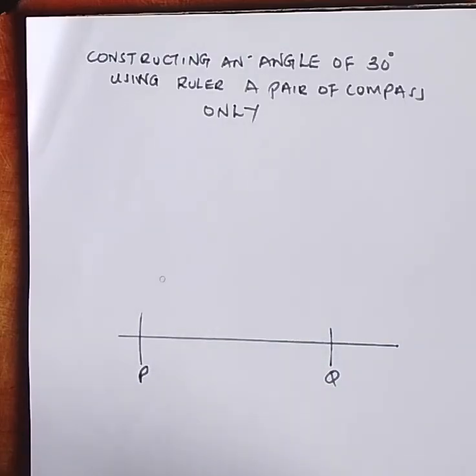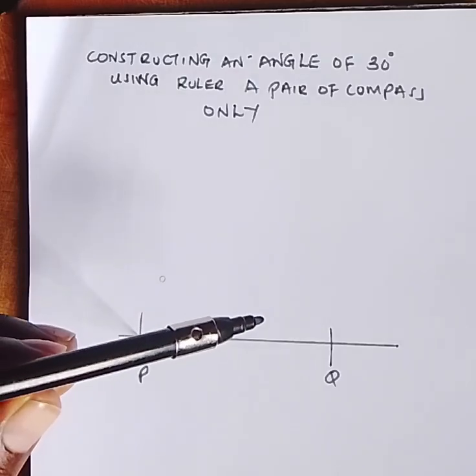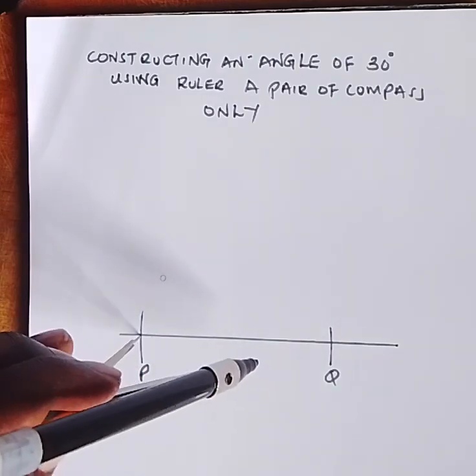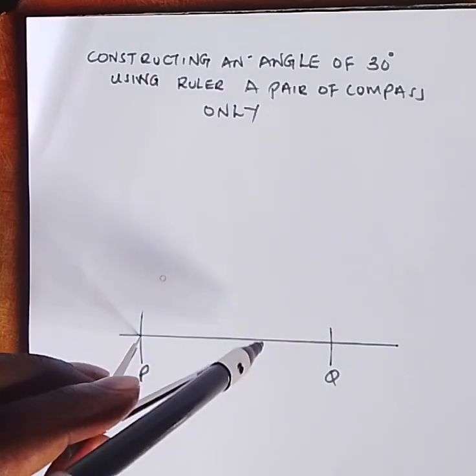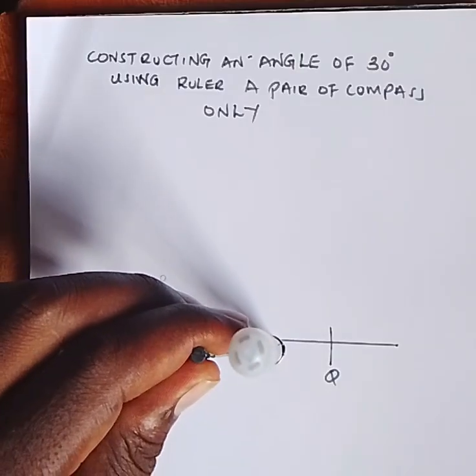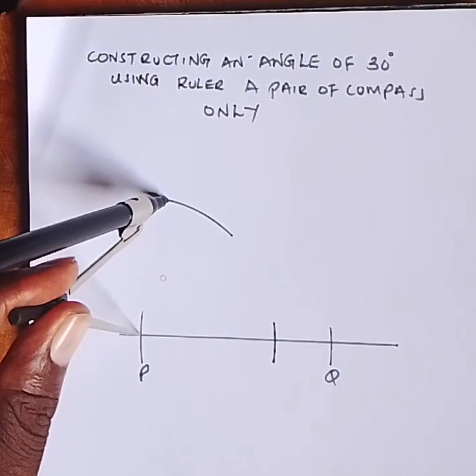Remember what we said? To construct an angle of 60, you will stand at point P. You see now? Point P. Then with point P as the center, you make an arc on the line and another arc on top here.